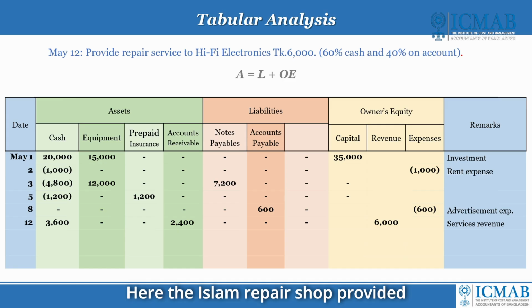The next transaction is on 12th May. Here the Islam repair shop provided repair service to Hi-Fi Electronics, Taka 6,000, but out of this 6,000, 60% is cash and 40% is on account. So you have received 60% of this service amount, that means 3,600. So you have to increase your cash.